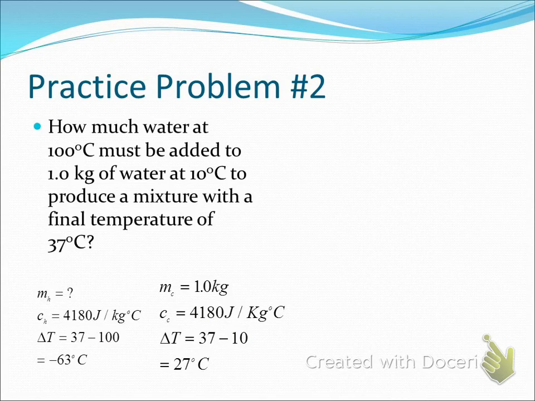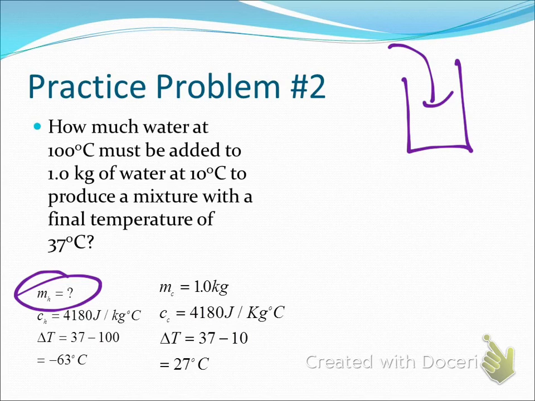In the end, we need to figure out the mass of the hot substance, so how much of this hot substance needs to be poured into the cold in order to reach that temperature. We're going to have this boiling water, and we're going to pour in X amount in order to achieve this 37 degrees.